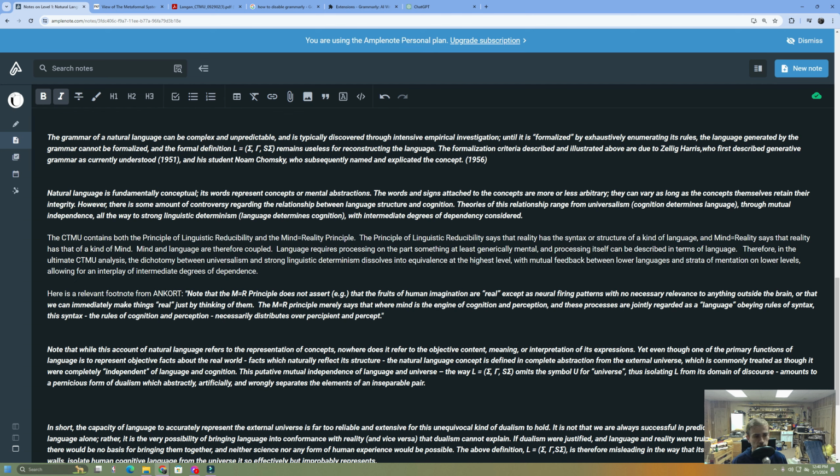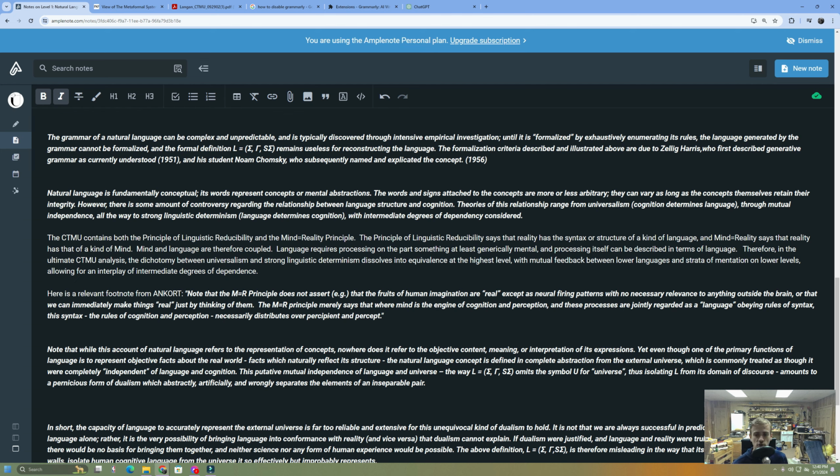That makes sense. A natural language is fundamentally conceptual. Its words represent concepts or mental abstractions. The words and signs attached to the concepts are more or less arbitrary. They can vary as long as the concepts themselves retain their integrity. However, there is some amount of controversy regarding the relationship between language structure and cognition.